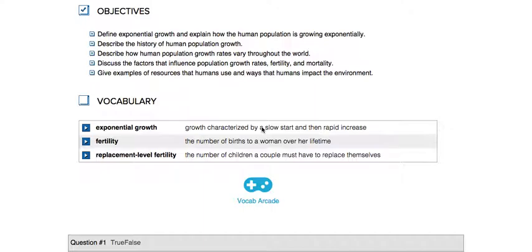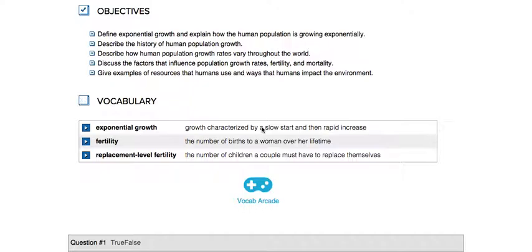When you break the numbers down a little bit more, you see about 186 people are born every minute. That's about 11,200 people, give or take, every hour, and that's about 260,000 people every day. So we have a very quickly expanding human population.